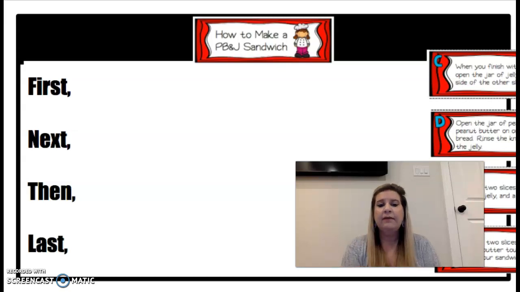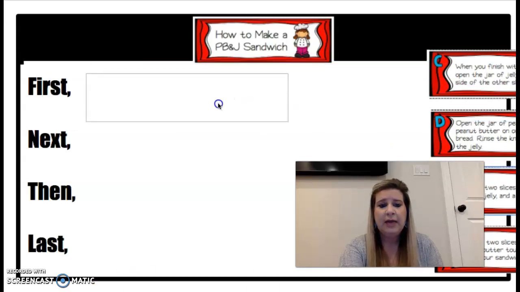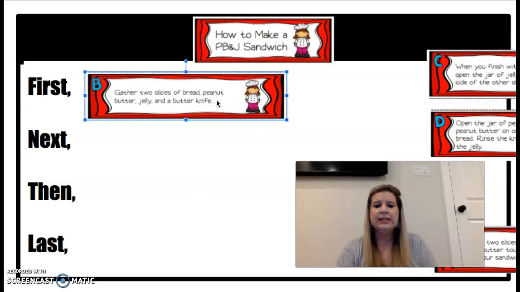So after I have listed all my ingredients or the things I'm going to need, such as bread, peanut butter, jelly, maybe a plate, possibly a knife or a spoon to spread everything with, then I'm going to start talking about the steps. So when I do that, again, I use the word first. So the first thing that I would need to do is I would need to gather 2 slices of bread, peanut butter, jelly, and a butter knife. Okay, so once I have those things, I can go ahead and get started.